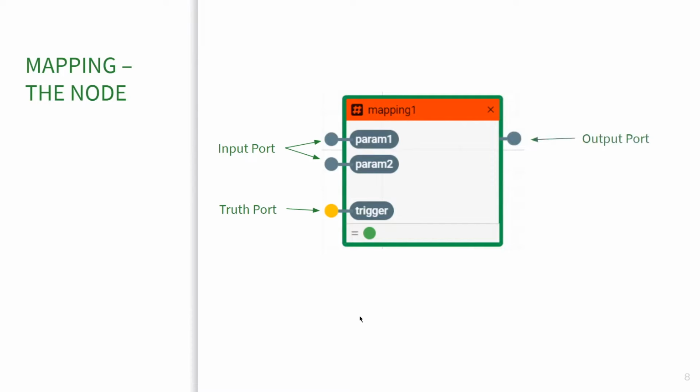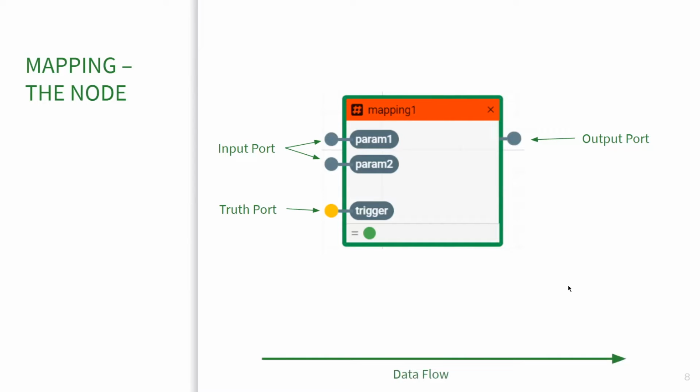Then, of course, it has an output port where the result of that node is provided to the outside world. Always remember, mapping nodes can accept any number of inputs. So you see 2 input ports in here. It can be any number between 0 and no limit upward, but it always has exactly one output port where the result is presented.